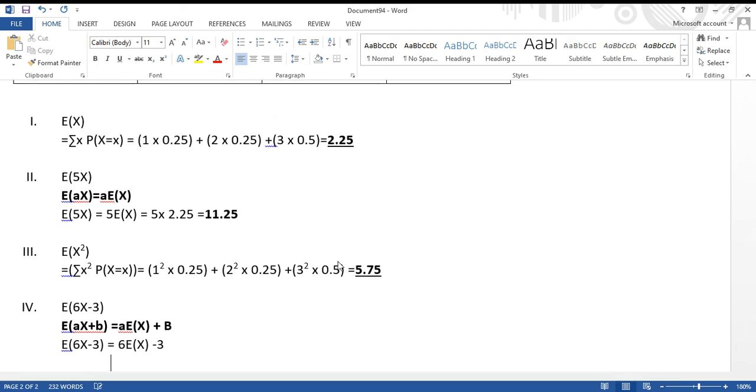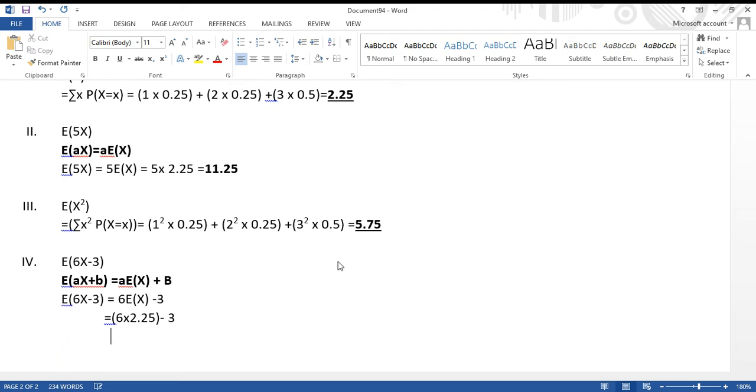It was 2.25, so we say 6 times 2.25 minus 3. But we do not need to find the expected value again because we already found it here. So 6 times 2.25, that's 13.5, minus 3, that's 10.5.